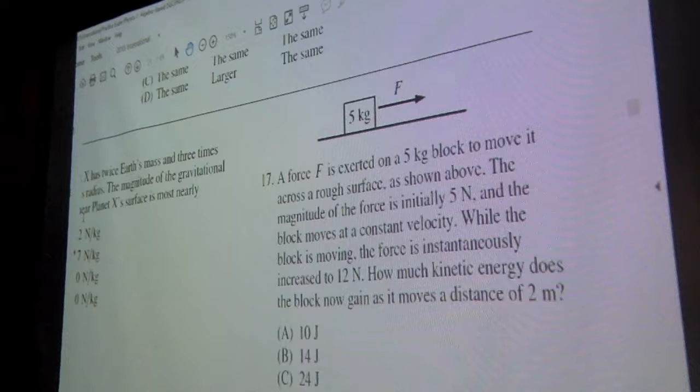I feel like friction would take up some of the force, so that's why I was going for something less than 24. Trying to go for a little bit of a guess. That's an educated guess. What he's done just now is an educated guess, which looks like the answer is B.